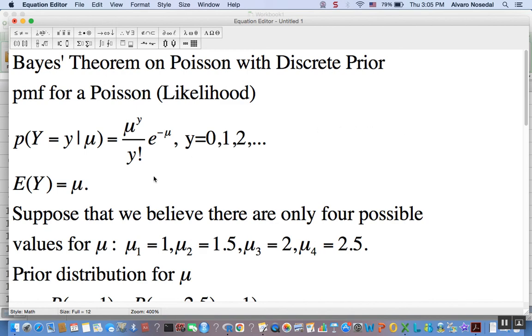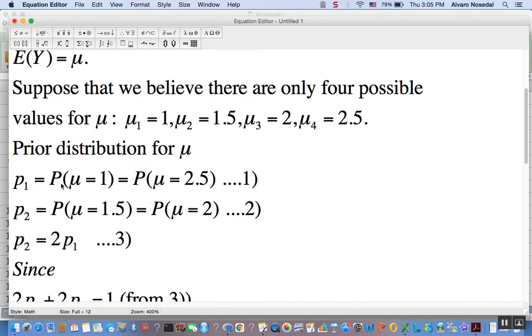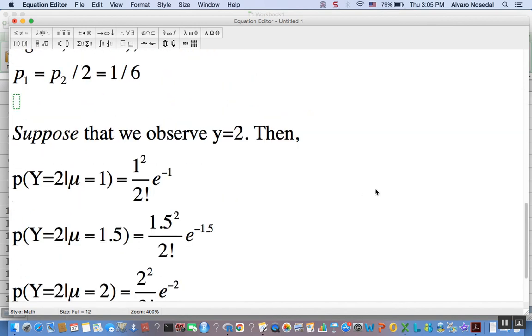The first kind of prior that we considered was a discrete prior. Once we have the prior and a model for the likelihood, all we have to do is evaluate the model of our likelihood for the observation.